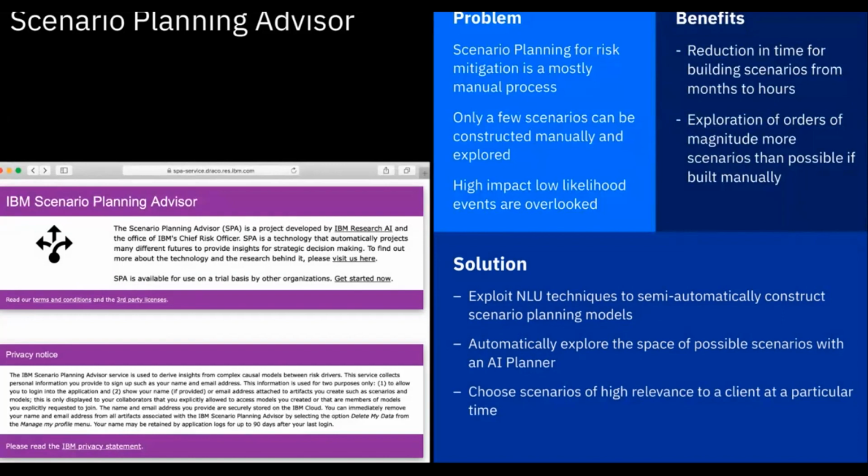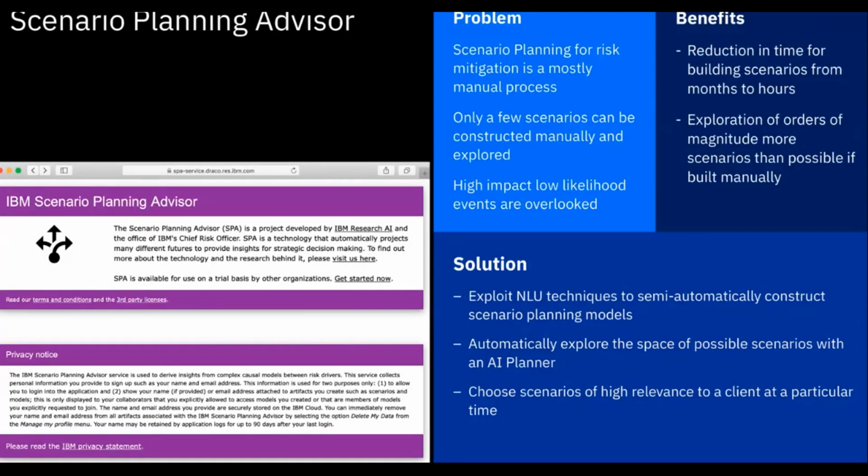It's typically a manual, highly labor-intensive process that involves dozens of experts and hundreds to thousands of person hours. As a result, only a few scenarios can be constructed by humans. Also, bias can be introduced. So, for example, high-impact, low-likelihood events could be overlooked.